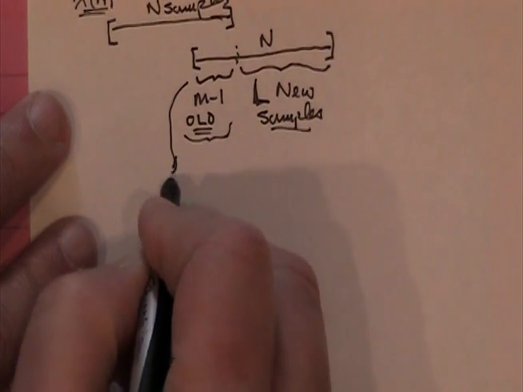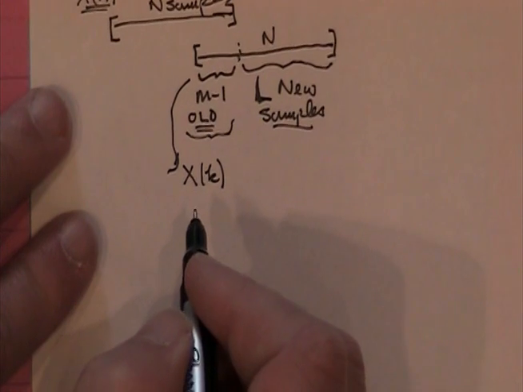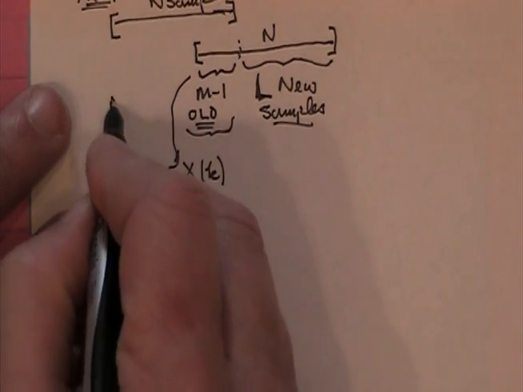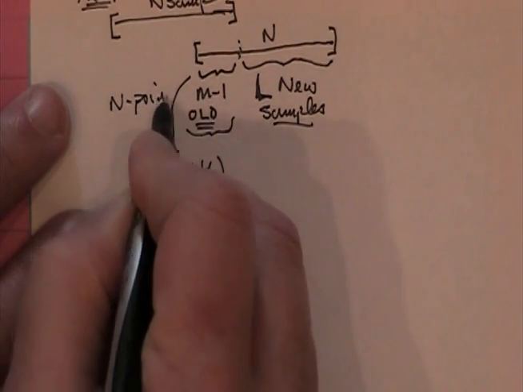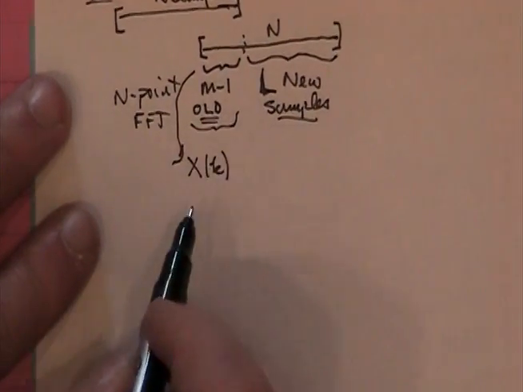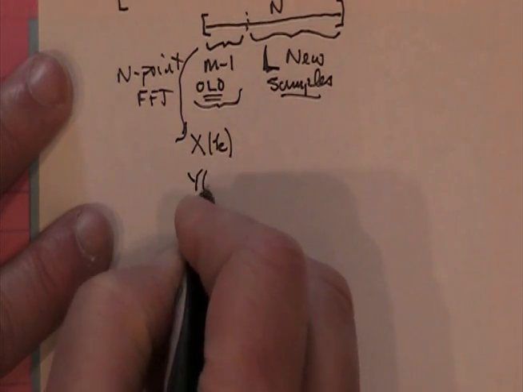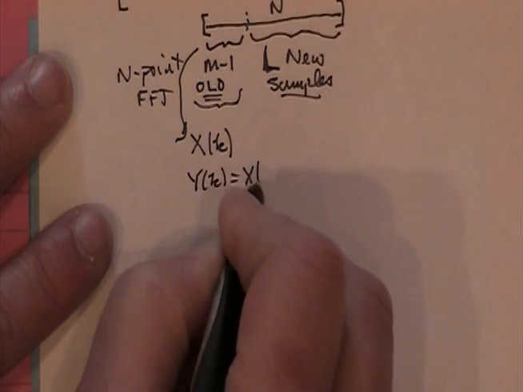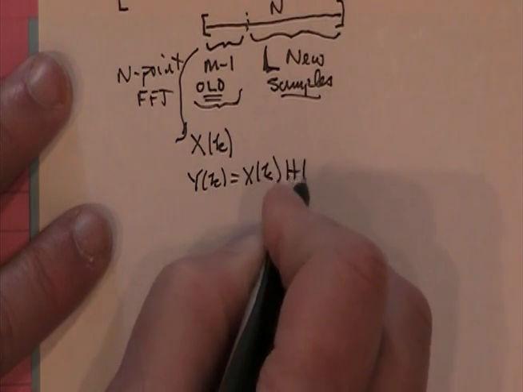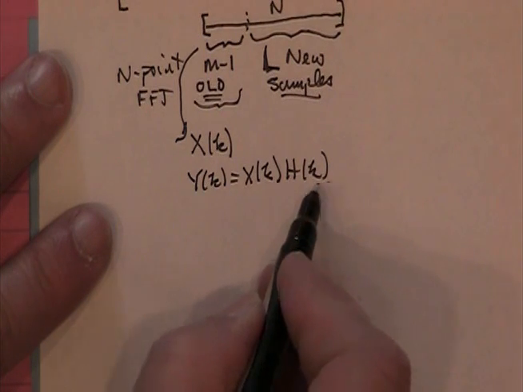This algorithm gives me x of k, right? I take an n-point FFT to get x of k out, right? Then I'm going to calculate y of k equal x of k times h of k, right? And if I'm doing this in real time, I've probably done a single FFT. I'm not going to repeat the FFT every time for h of k.